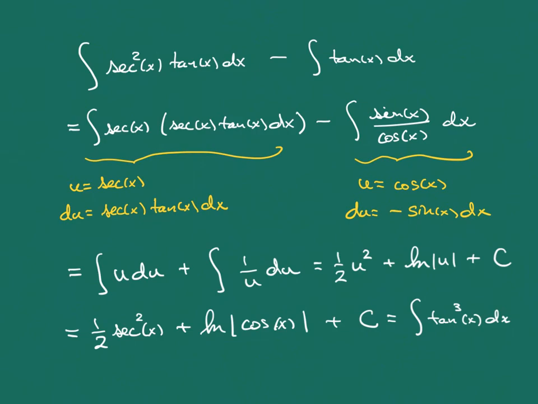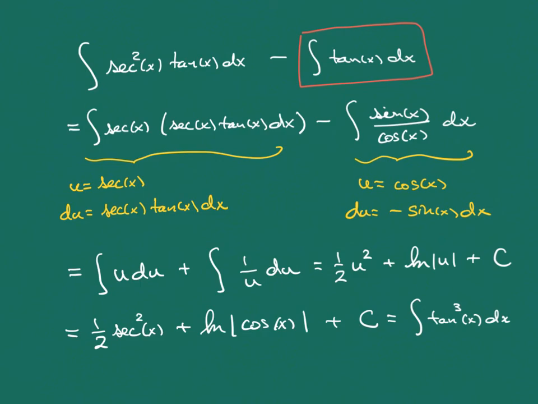If tangent is only to the first power and we don't have any more secants, that was the case we were dealing with here. If our power of tangent is greater than 1, so we've got 3, 5, 7, whatever, we can take out a tangent, and that will still give us an even power of tangents that we can convert to secants, giving us something where we can employ our strategy again. So that is the first case of things that we can deal with.